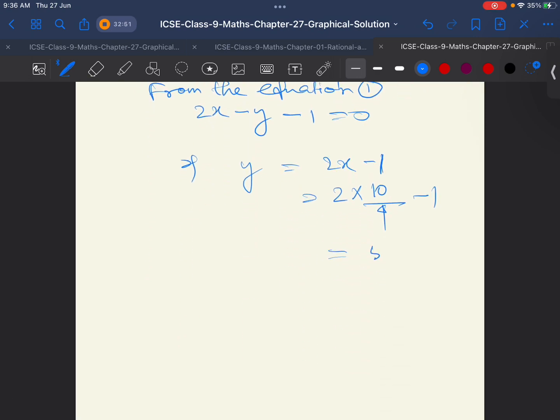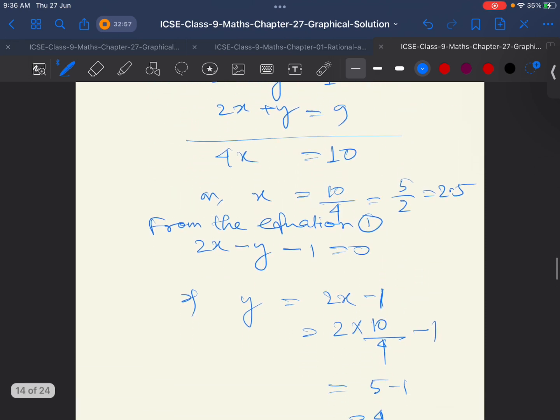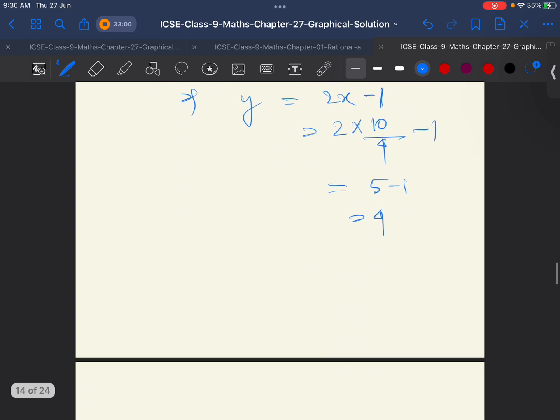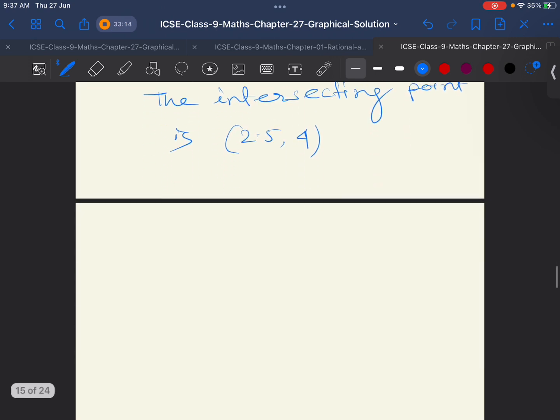Okay, so we get 5 minus 1 equals 4. Okay, so the intersecting point is (2.5, 4).